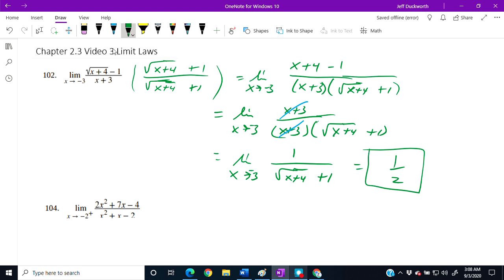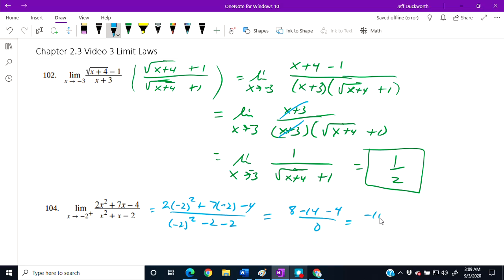All right, let's take a look at this bottom one here. If I evaluate at -2, that gets me 2 times -2 squared plus 7 times -2 minus 4 over -2 squared minus 2 minus 2, which equals 8 minus 14 minus 4 all over 0, which is -10 over 0.